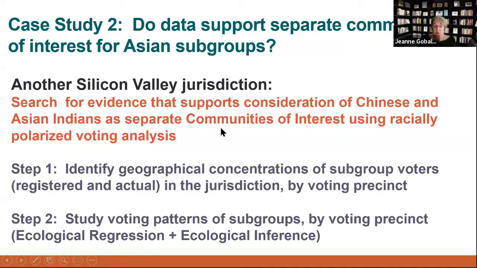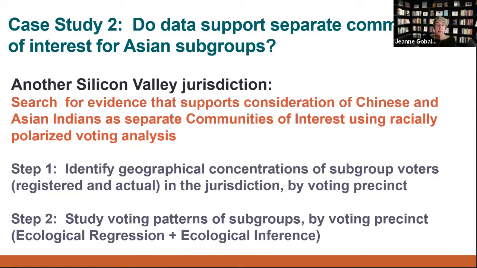Our first step was to identify the geographical concentrations of subgroup voters, both registered and actual voters in the jurisdiction in each voting precinct. And again, these are surname-based estimates, not based in ACS, and certainly not in PL. And there are other ways of getting at this, but this has worked best for us.